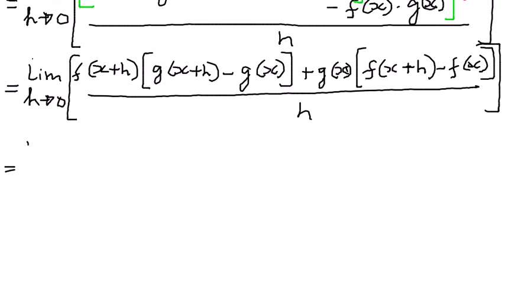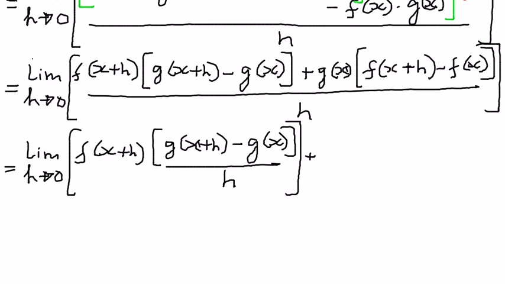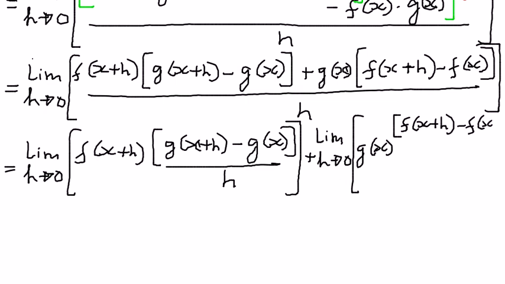Limit as h approaches 0, f of x plus h times g of x plus h minus g of x, close brackets, this whole thing divided by h, close brackets, plus limit as h approaches 0, open brackets, g of x times f of x plus h minus f of x, this whole thing divided by h, and then close brackets that way.